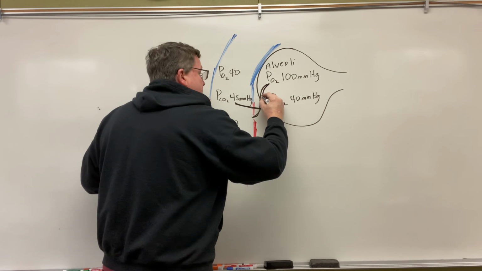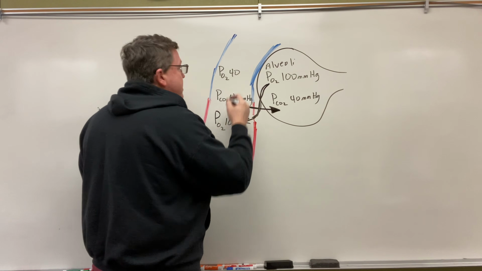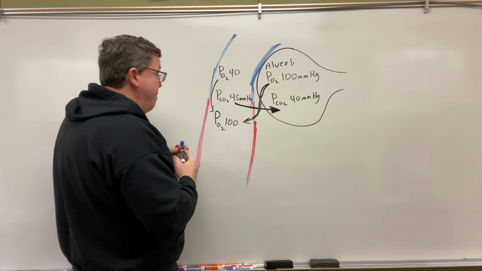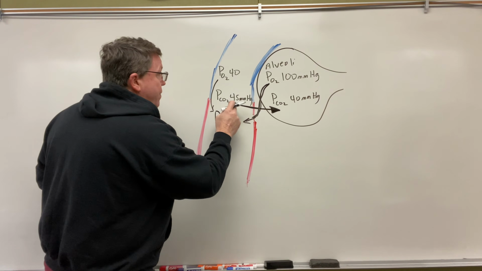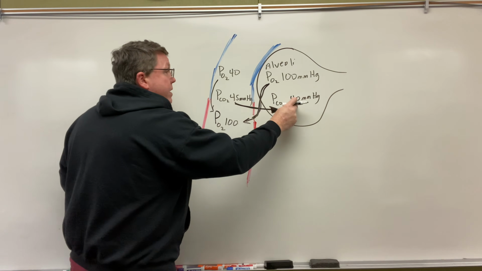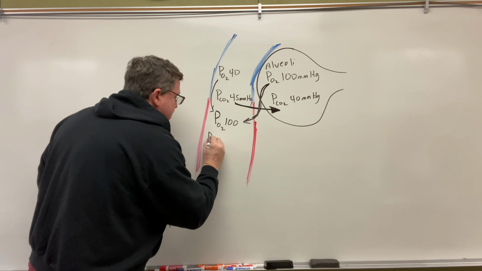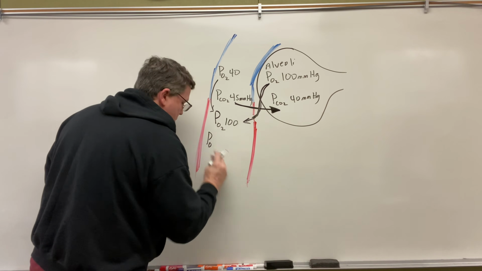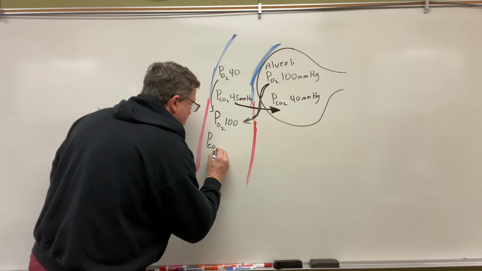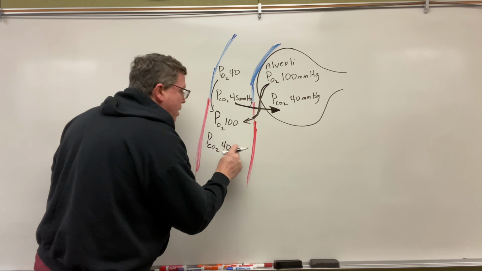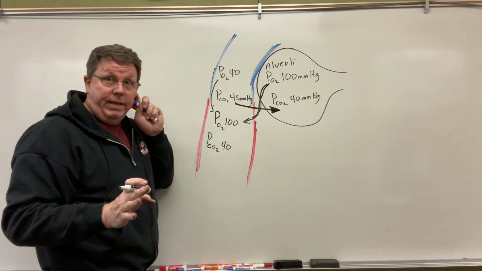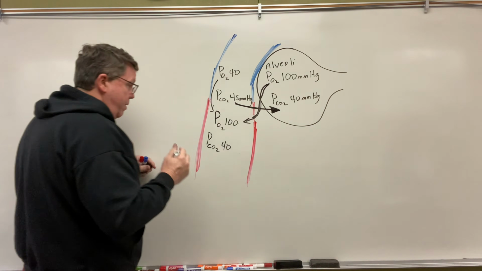So my oxygen comes in like this and raises this up to 100, and my carbon dioxide is going to go down to reach equilibrium with this. So my carbon dioxide is going to go down to 40 millimeters mercury. So it's at equilibrium again. Make sense? We lost some to make that equilibrium.